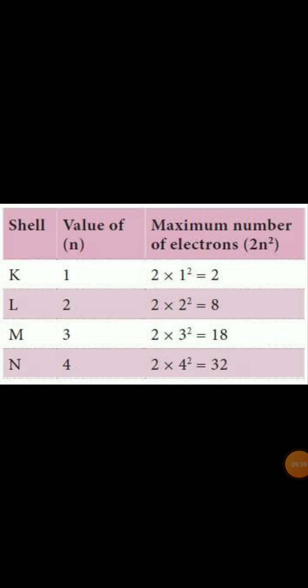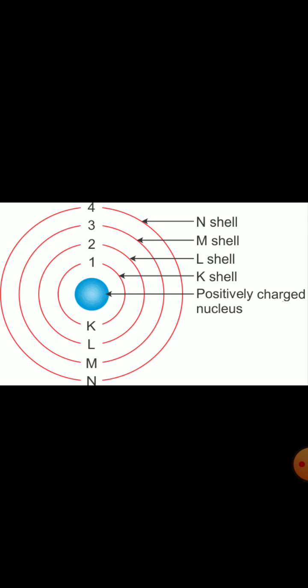So this formula you will remember, it is 2n square. What formula is it? The maximum number of electrons that can be accommodated. Now in the third orbit, 8 electrons can be filled. In the fourth orbit, 18 electrons, in the fifth 18, in the sixth 32, and in the seventh again 32.